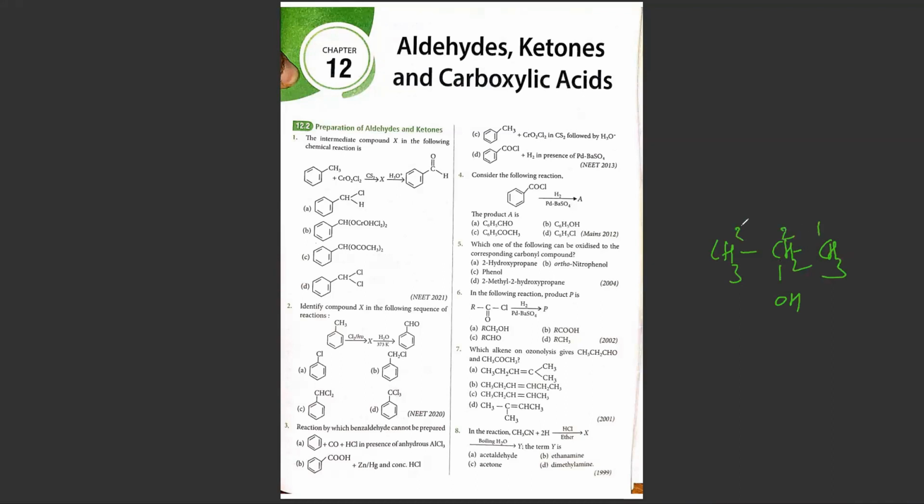So which one of them can be oxidized to the corresponding carbonyl compound?